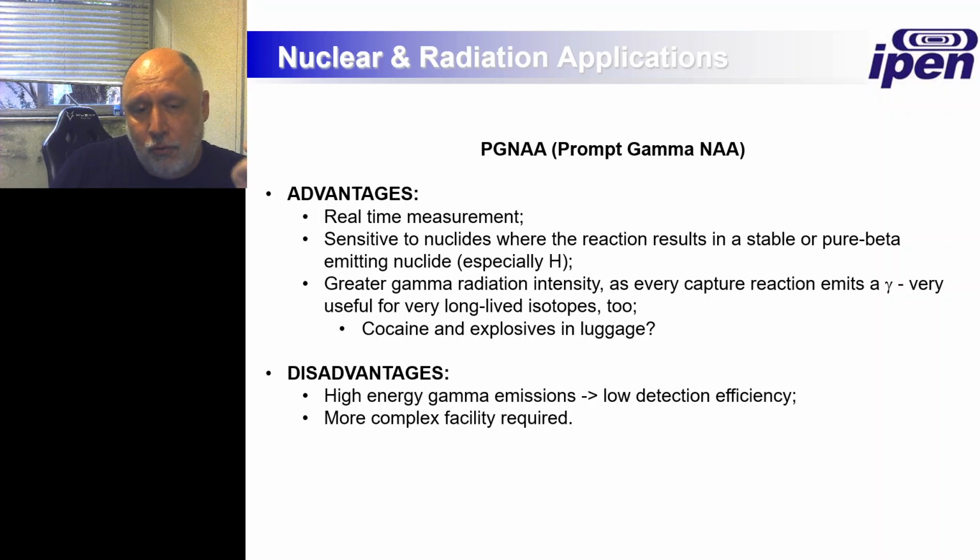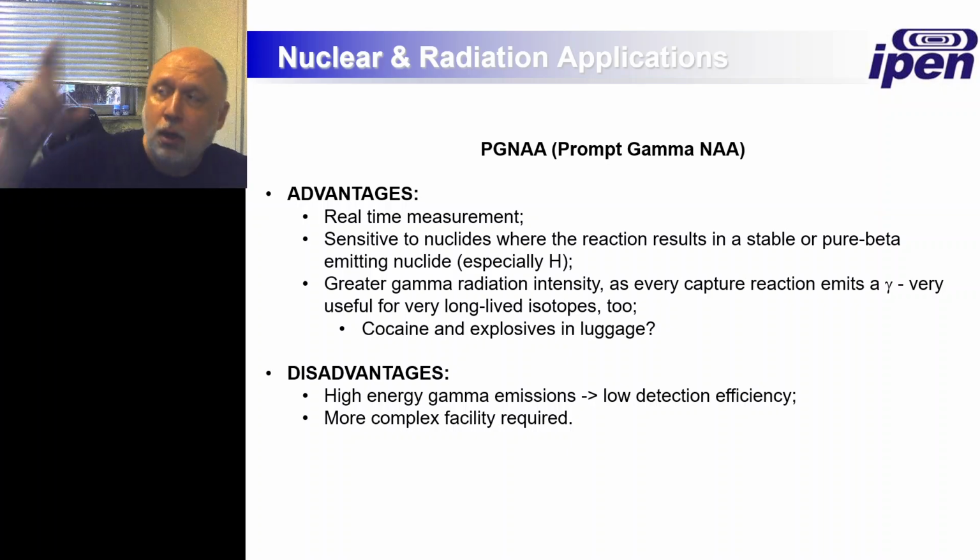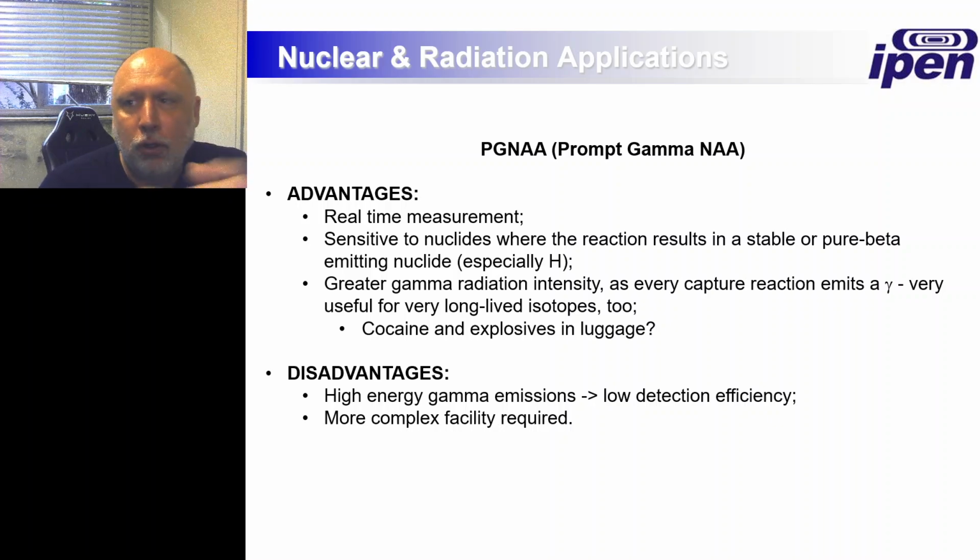So in every single case you had a prompt gamma emitted, but the delayed gammas, which would be equal in number essentially, will take several half-lives to be emitted, all of them. So you have much stronger intensity during prompt gamma NAA, right? So it should be useful, for instance, for measuring with very low neutron fluxes in a way that you may produce very little activation.